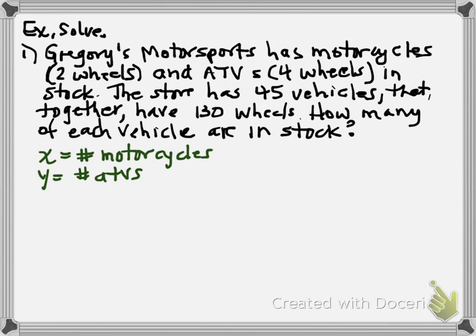Jonah? What's the equation? Are you asking me? Yeah. I'm dealing with this guy. 45 vehicles. How do I write an equation that tells me about 45 vehicles when X is the number of motorcycles and Y is the number of ATVs?